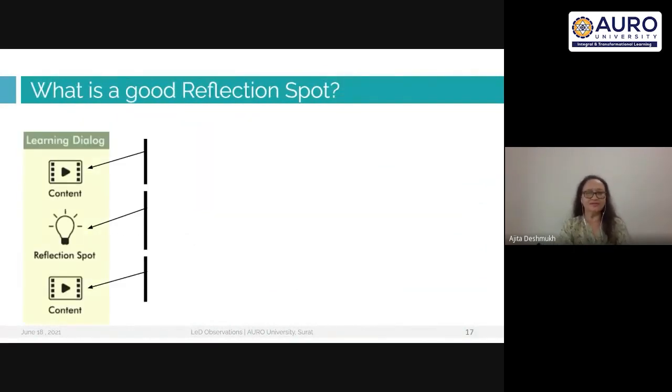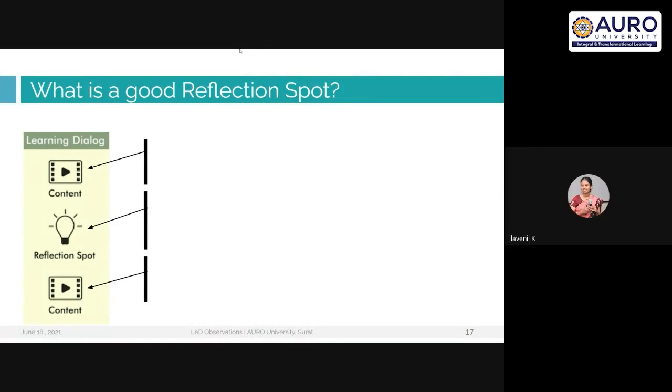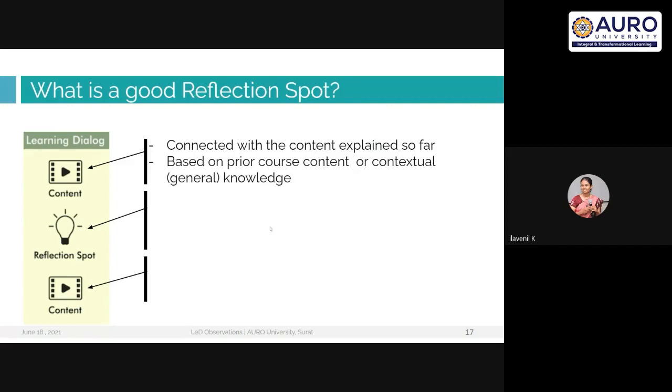Ilavini will. So that's just a quick summary, because we have something interesting lined up. Please ensure that all of us take a look at our LED scripts again, because we did have some scripts which were just the scripts we use in our day-to-day classes without any reflection spots. So please put in a reflection spot, connect it with the content that has been explained, ensure that it can be answered in a few seconds, within a minute, and try to make the best out of the reflection spot.